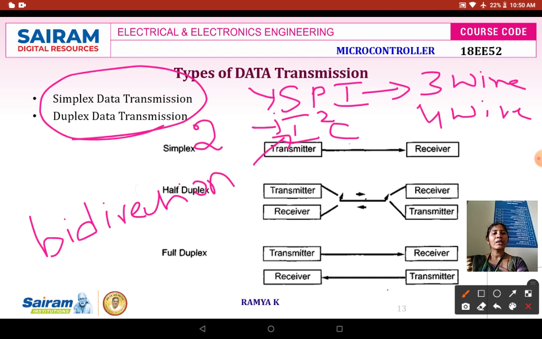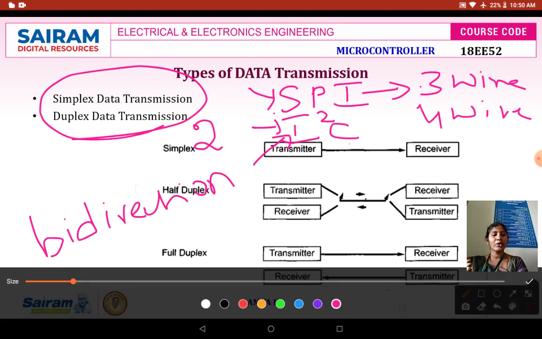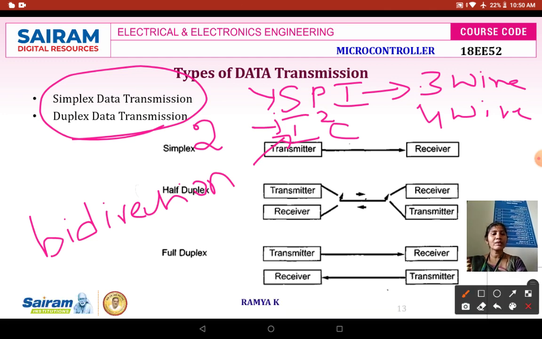And here in case of your 3-wire protocol, the third wire is for your clock pulse, whereas the fourth wire is to select the slave. So this is the comparison between your two protocols, that is SPI, serial peripheral interface, and I square C, inter-integrated circuit.